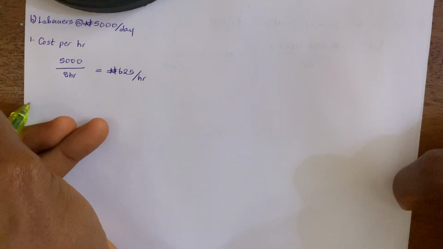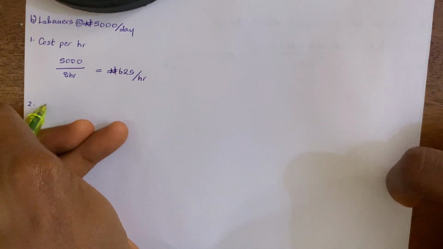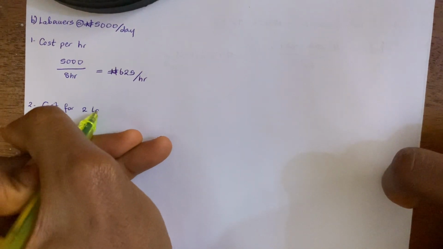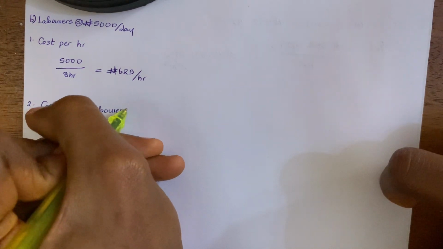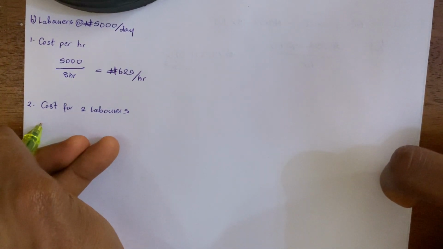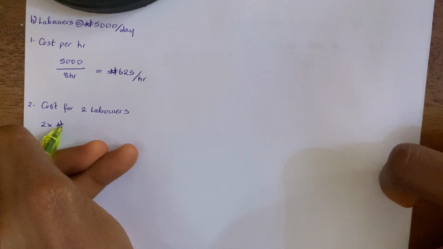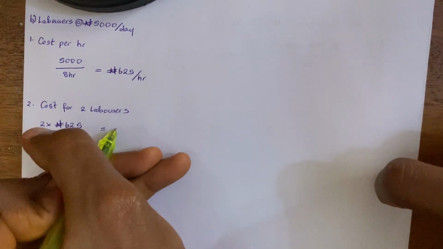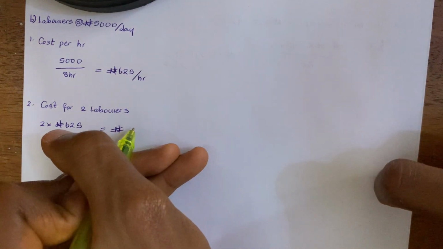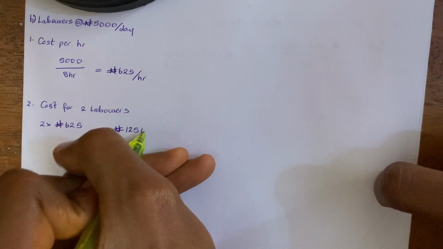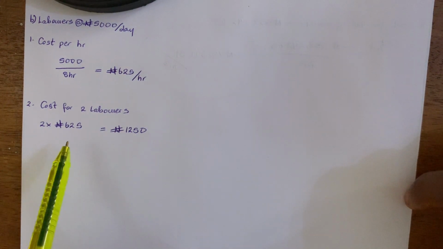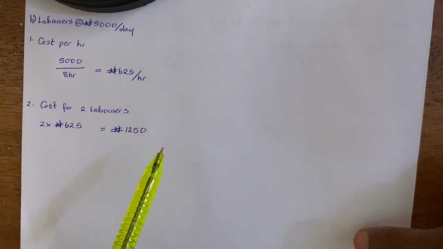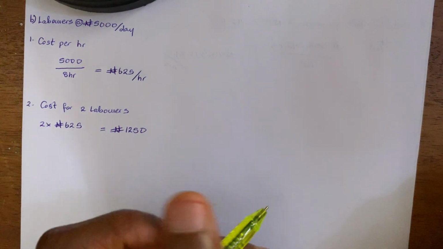So we'll now say, cost for 2 laborers will now become 2 multiplied by 625 naira per hour, and that will give me 1,250 naira. So it means that for 2 laborers, we are going to be paying them 1,250 naira every hour that they place the concrete.